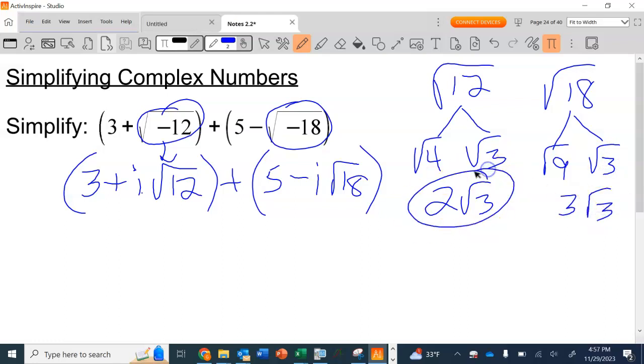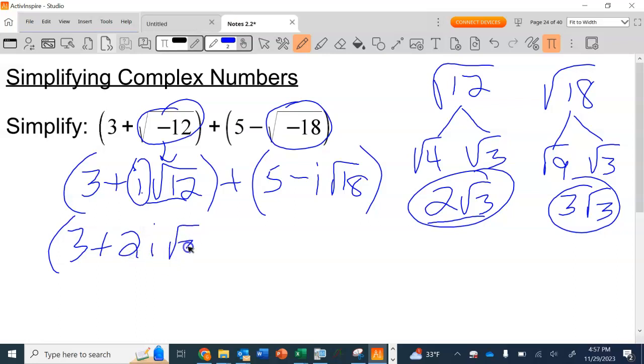When I put these two square roots back in the parentheses, this would be 3 plus, I'm going to take the square root of 12 and make it 2 root 3, but remember there's this i in front, so this would be 2i root 3. And in the second one, I have 5 minus the square root of 18, which is 3 root 3. Once again, don't forget the imaginary unit, so this would be 3i root 3.